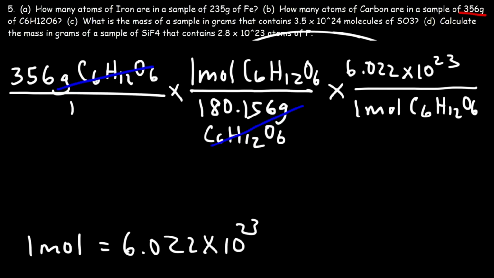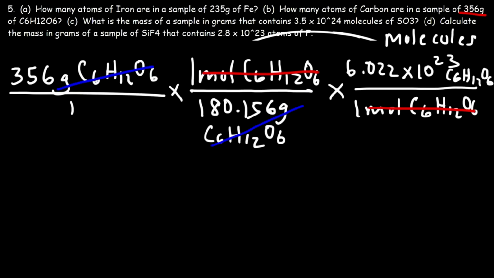Now we can't say atoms, because C6H12O6, that entire particle, is not an atom, but rather it's a molecule. A molecule is a particle that is made up of many atoms. So we need to say we have this many molecules of glucose. Let's see if I can fit it in here. I'm running out of space. Now we could cancel the unit moles of glucose.